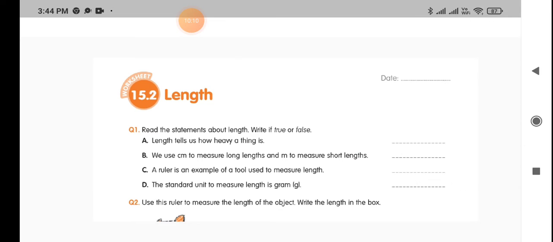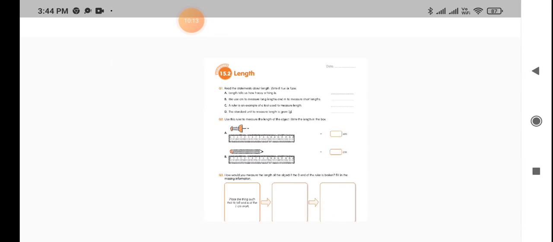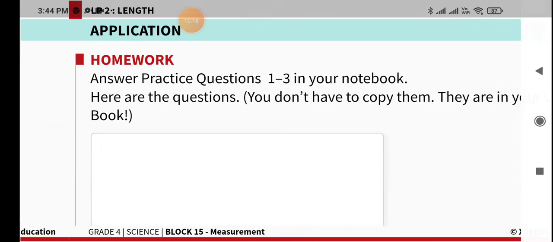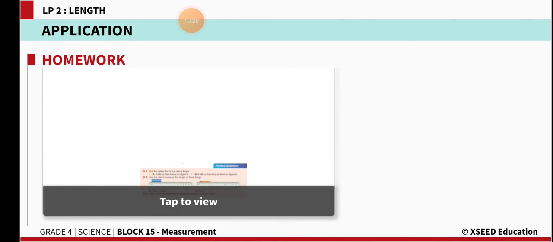Now before moving on to your practice questions, nicely read the lesson from the content book and then start writing. Each and every point you read from your content book, try to understand what exactly the lesson is explaining. In the content book you can see a ruler is divided into equal parts. On one side the parts are marked in centimeters and on the other side the parts are marked in inches.